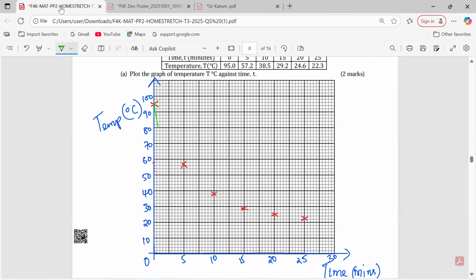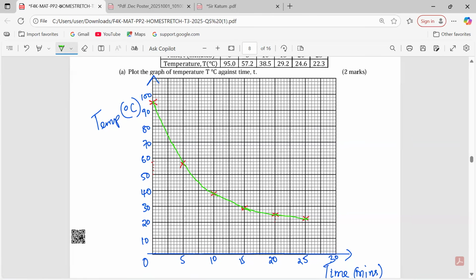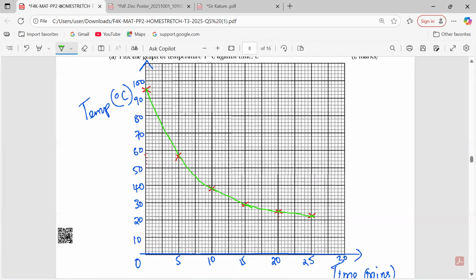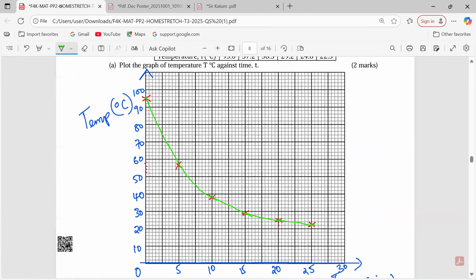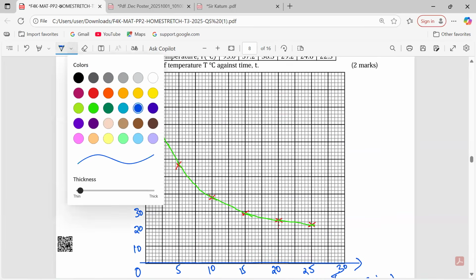Let me do the curve now. I'm using a very smooth curve. Like that, a very smooth curve. So we are having the curve now, the graph of temperature against time.